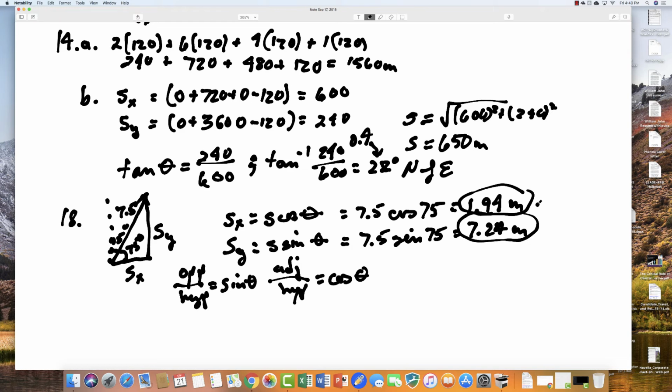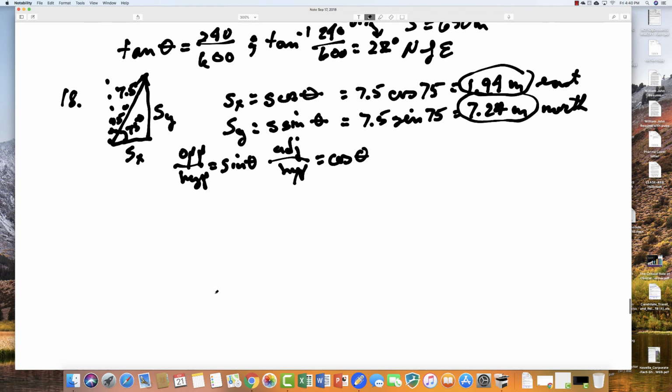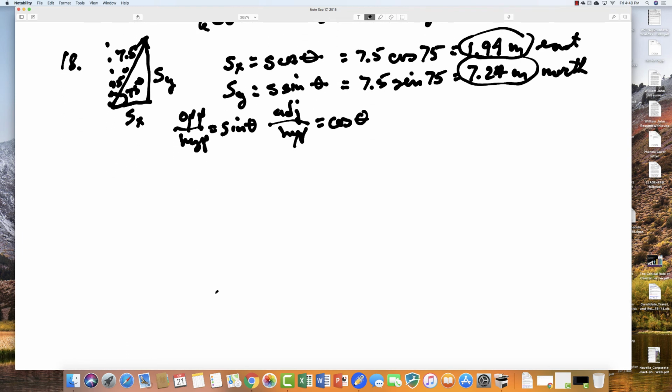This is the due east component, and this is the due north component. If you look at your line, it makes a whole lot of sense. And you can see that if you do this, you can take this squared plus this squared and take the square root of that, and you should get 7.5. And that's how you show that. Or you can also look at the diagram and see that you end up at the same place.